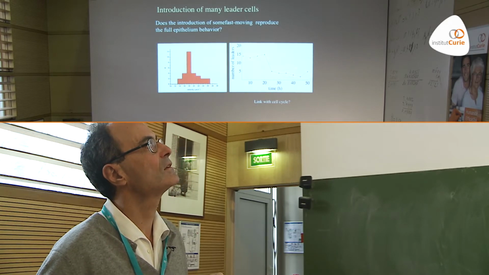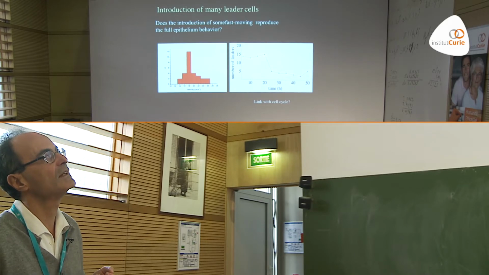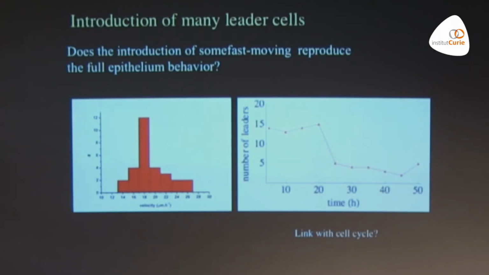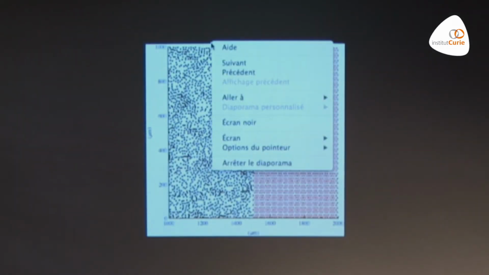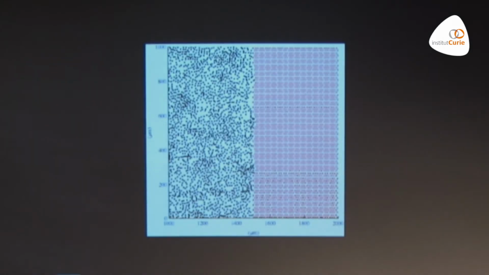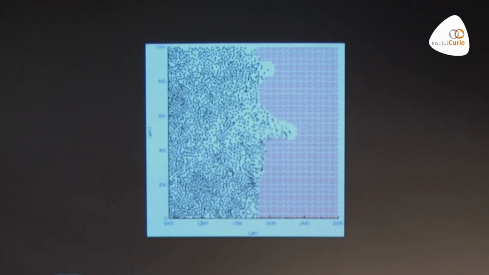You have much less leader production. So this is what we put, the creation of leaders up to here. And if you do that, you obtain things that resemble the experiment a bit.